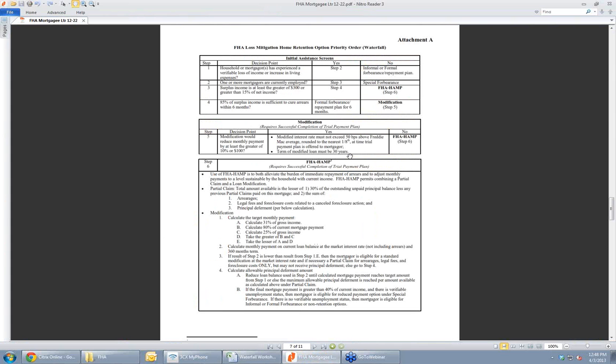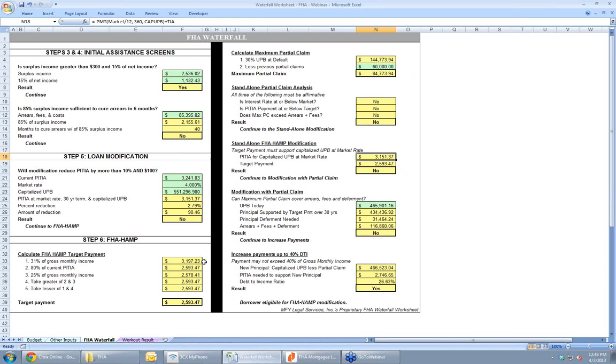This is what their waterfall diagram looks like, and we were basing our translation of it off of this attachment. This is in Mortgage E-Letter 2012-22. It's available on HUD's website, and I think I do have citations to it in the guide to the worksheet, so you can find it if you're having any trouble.